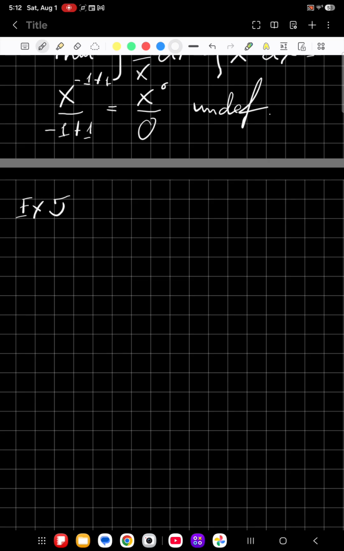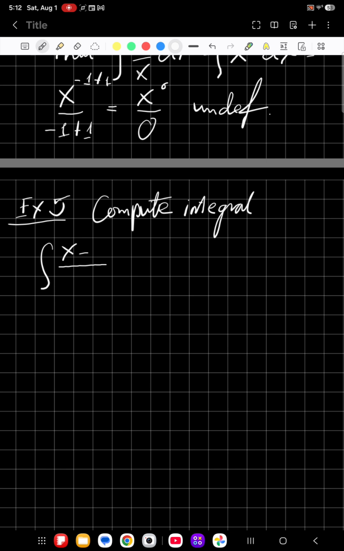Let's just write: compute the integral of x plus 1 on the top, radical x here, dx.